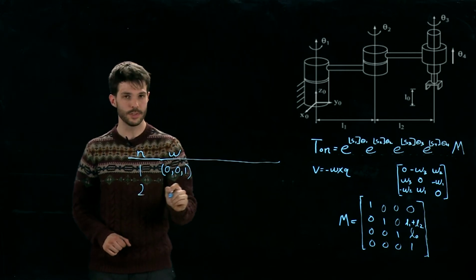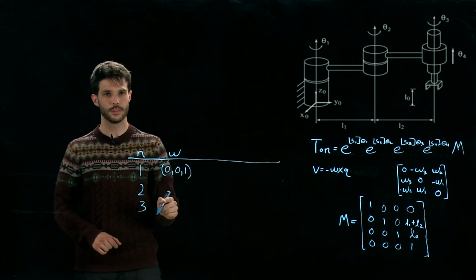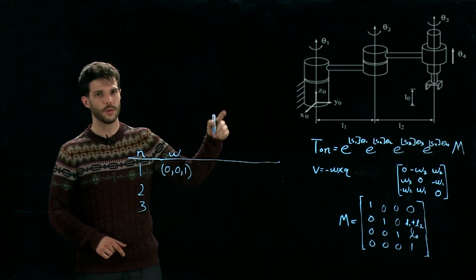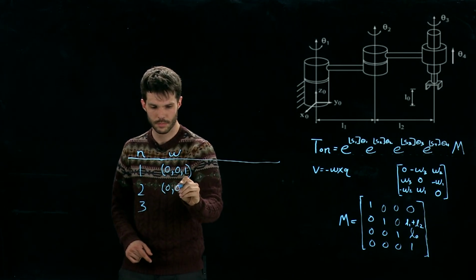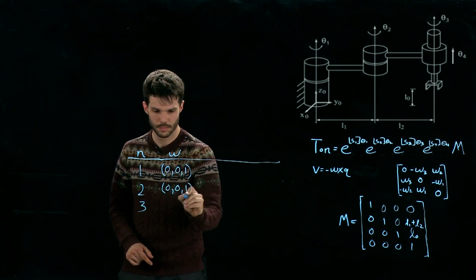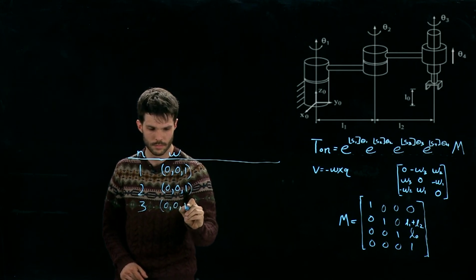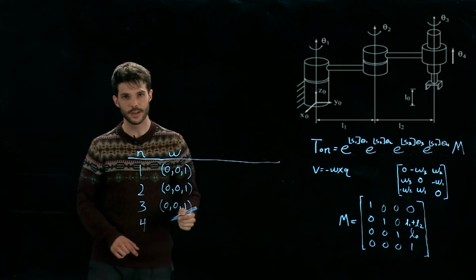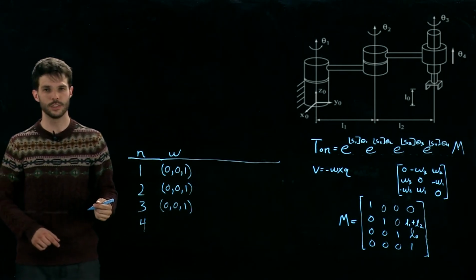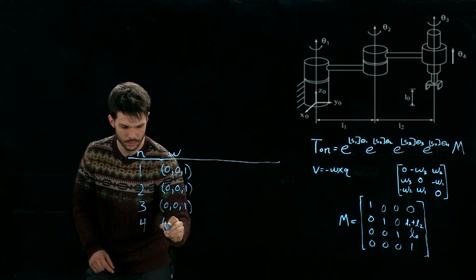We know the same is true for joints 2 and 3 because they're revolute joints with their axes lined up with joint number 1. For joint number 4, it's a prismatic joint, so it doesn't have any rotation. So all the values for omega are going to be 0.